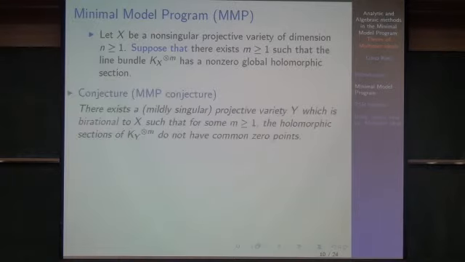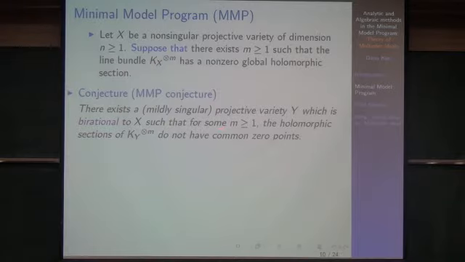Under this assumption, we have the following conjecture: there is another variety Y, and this Y cannot be guaranteed to be non-singular. It could have some singularity, and we want this Y to be birational to X, which means that there is a rational map from Y to X and another rational map from X to Y, and they are inverses of each other, so they are birational.